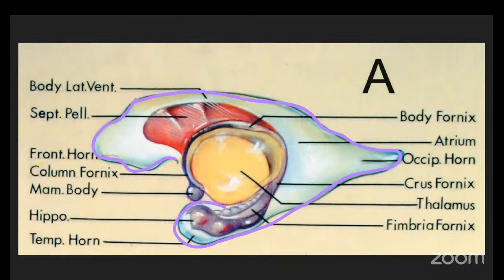This is the basic illustration. Very simplified, easy to understand, but it shows two other really interesting structures. What are those? One of them is very easily visible, this egg-like structure around which the lateral ventricle has wrapped itself. What is this? This is thalamus, right?